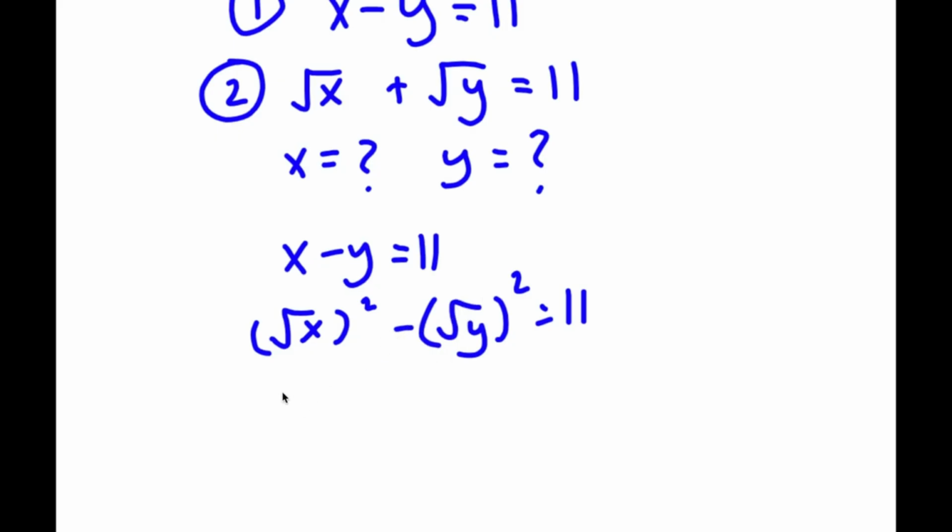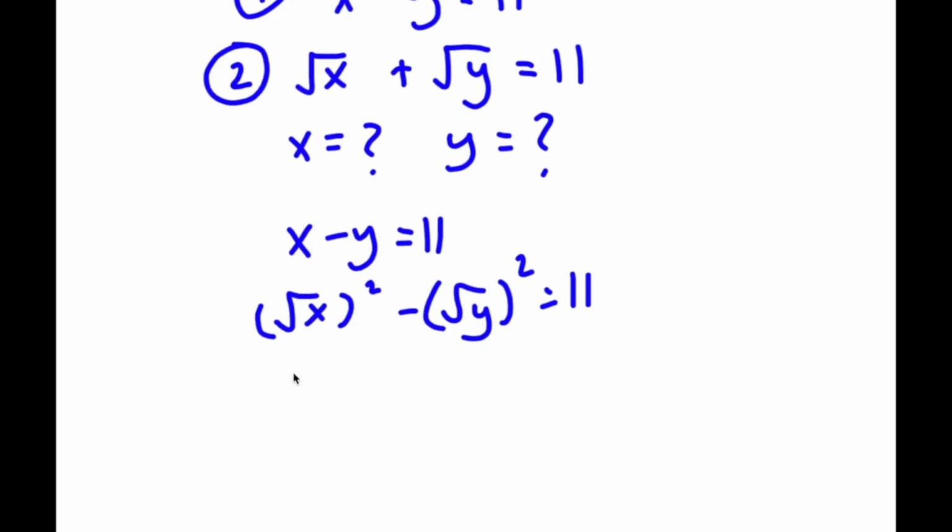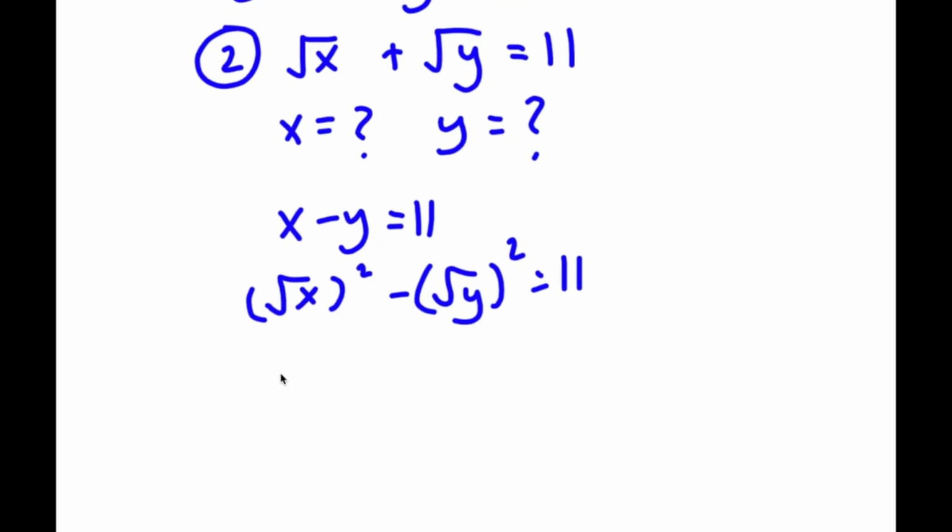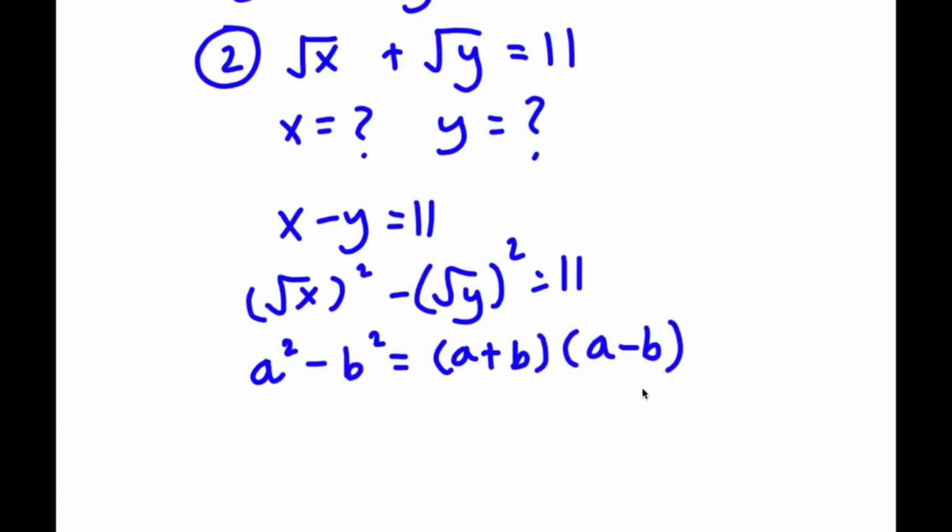So now, an important algebraic property is that if we have something in the form a squared minus b squared, this is equal to a plus b times a minus b. So in this case, we can think of the square root of x as a and the square root of y as b.